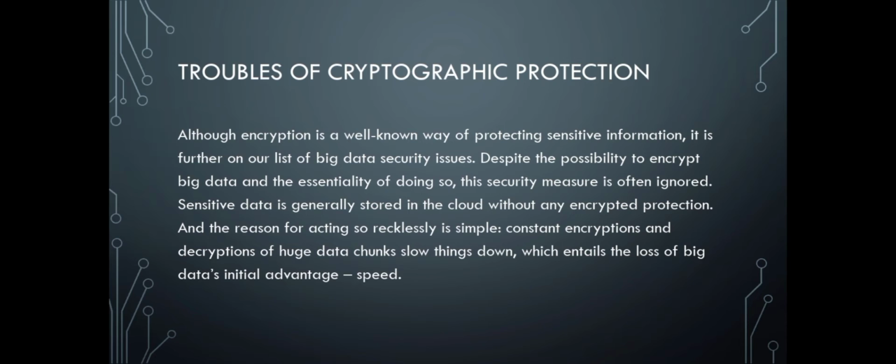Sensitive data is generally stored in the cloud without any encrypted protection, and the reason for acting so recklessly is simple. Constant encryptions and decryptions of huge data chunks slow things down, which entails the loss of big data's initial advantage, speed.